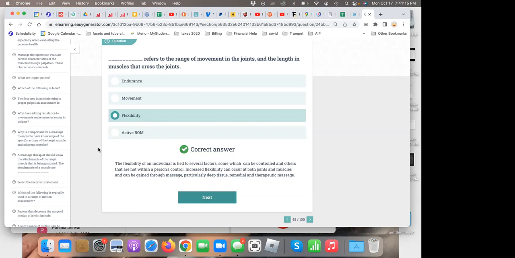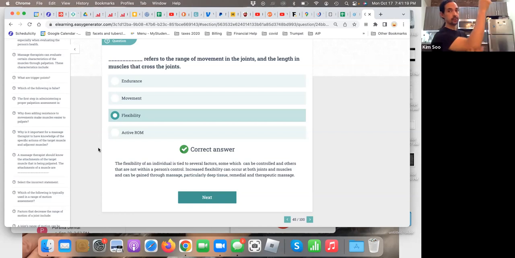Yes, but I want you to say something like the range of motion is the full movement through the joint, or is the movement of a body part through the full range of its joint. Or you can just say range of motion is joint movement. How about that?